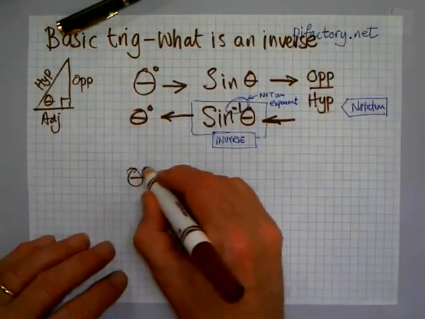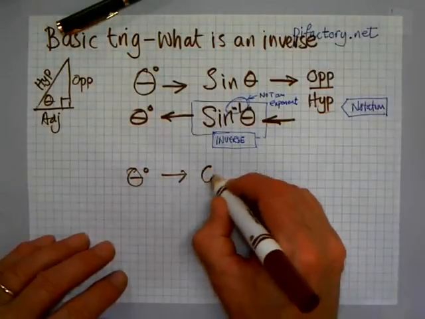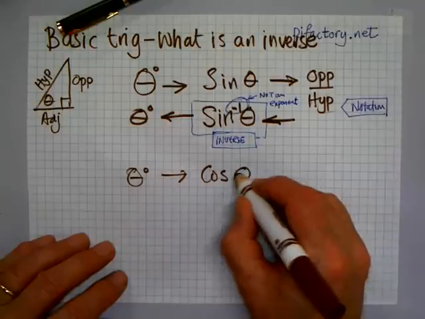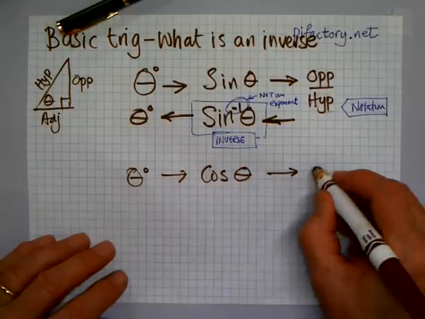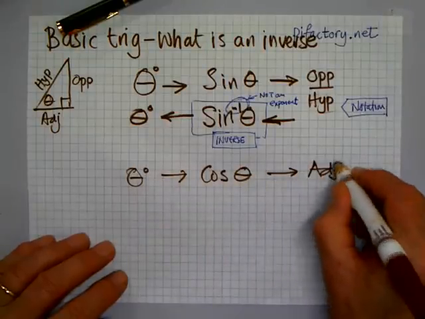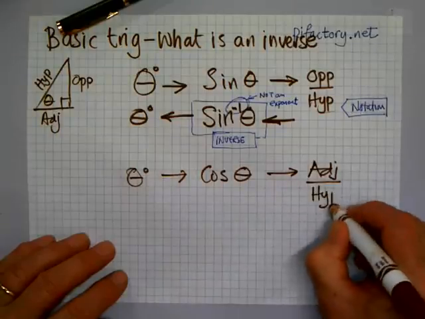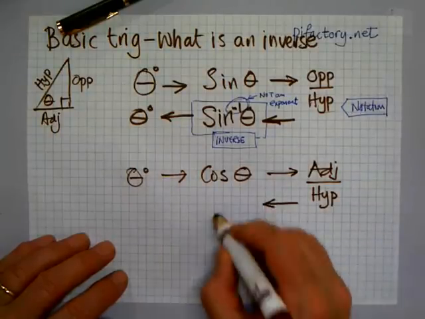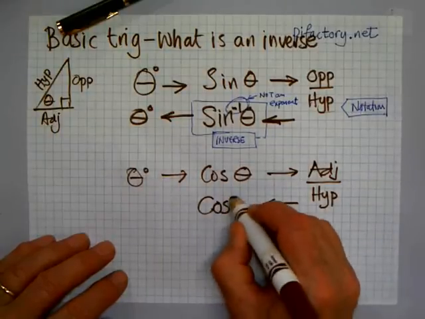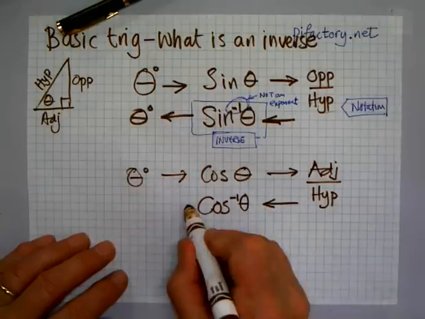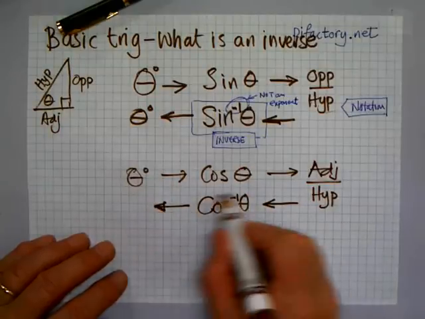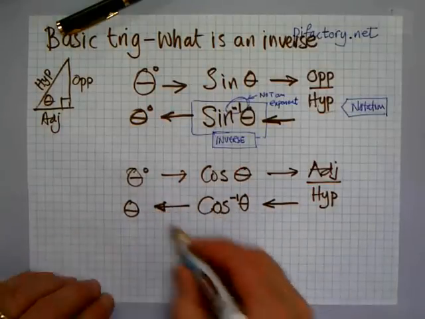If we put theta into cosine theta, we get the trig ratio adjacent over hypotenuse. Well, coming back, the inverse cosine gives us theta.